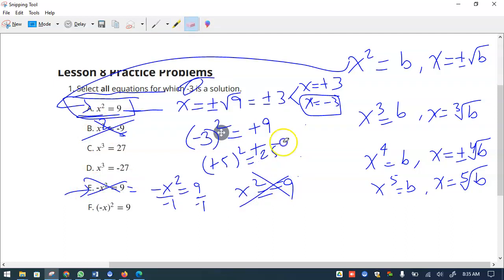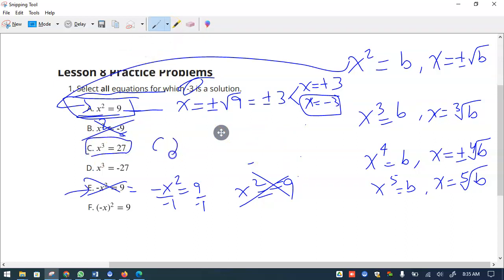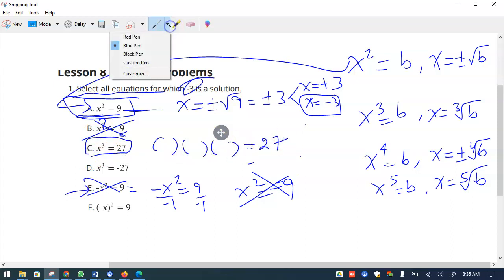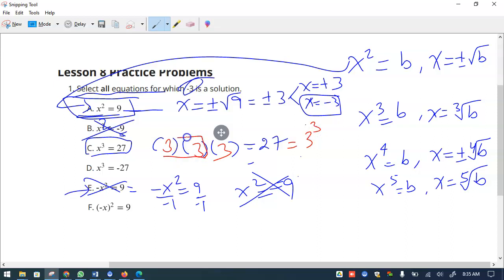What about C? What number multiplied by itself 3 times gives 27? The only answer you can think of is 3, because 3 cubed is 27. 3 times 3 is 9, and 9 times 3 is 27.